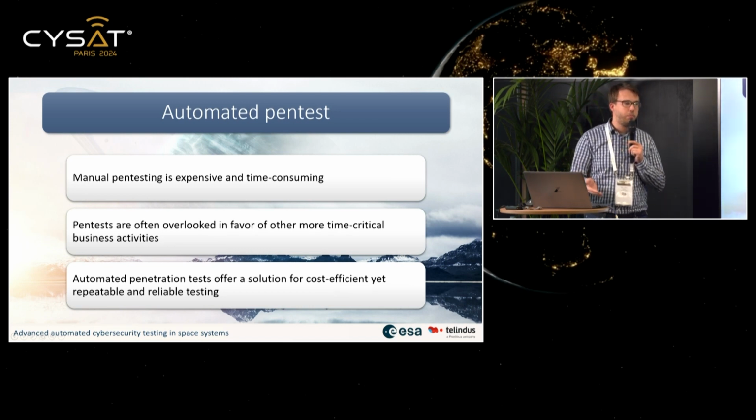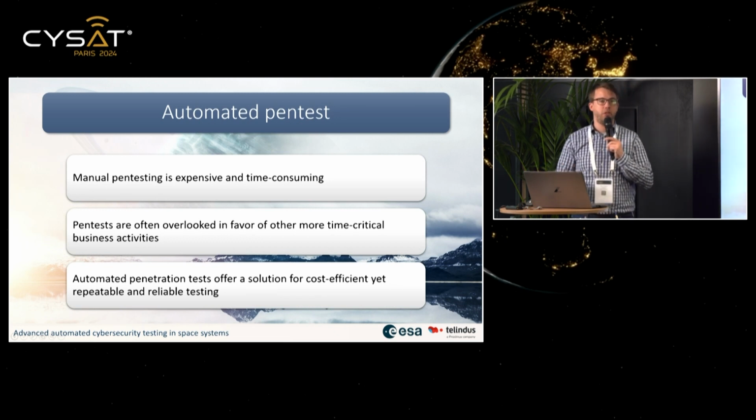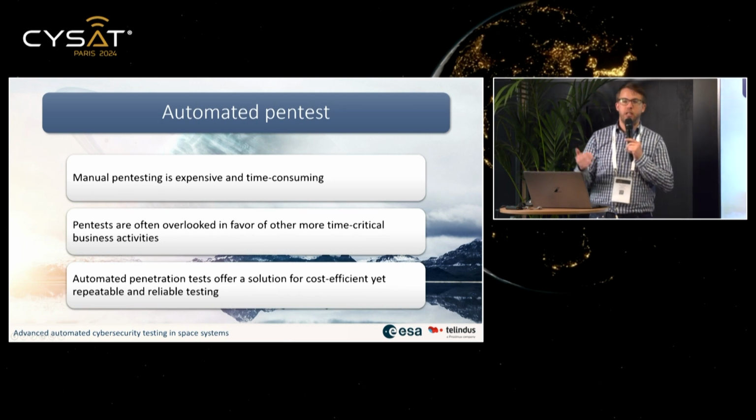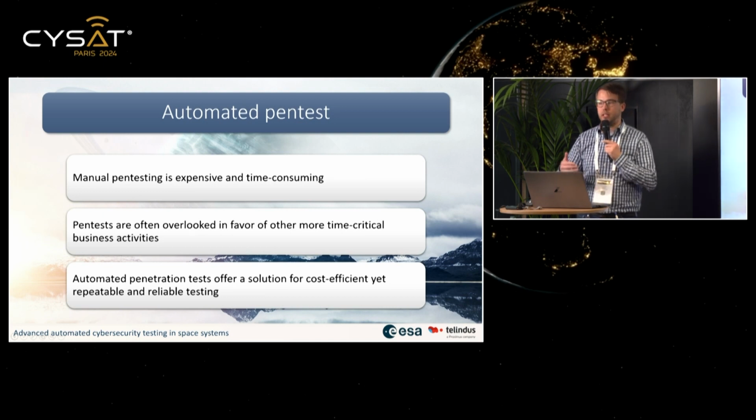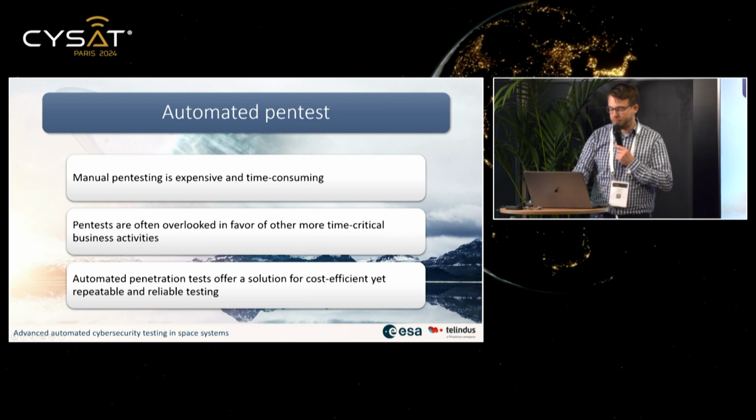So if we automate pen tests, we are solving part of a problem, which is to at least have a minimum set of security tests that are executed against the system, to have more reliable tests. And also, one of the interesting parts of automating it is it's repeatable. So this means that you can also use your pen testing during your development, when you're still adding features, and see if your features are making security worse or better.